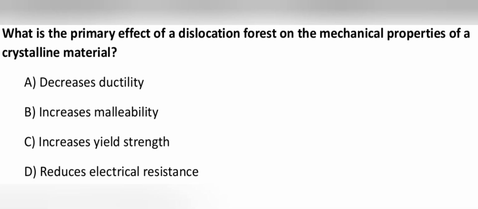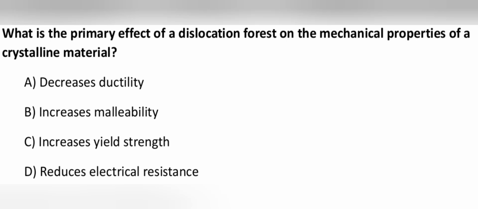So what is the primary effect of dislocation density on the mechanical property of a crystalline material? Decreases ductility, increases malleability, increases yield strength, and reduces electrical resistance. What is dislocation density? It is simply the number of dislocation lines per unit volume. The primary effect on mechanical property is that it increases the yield strength.